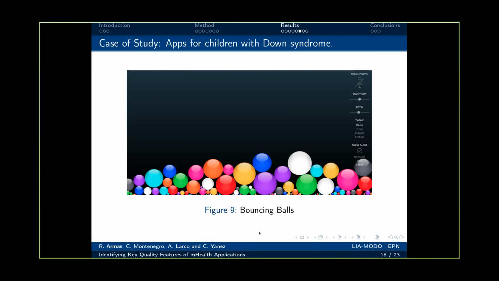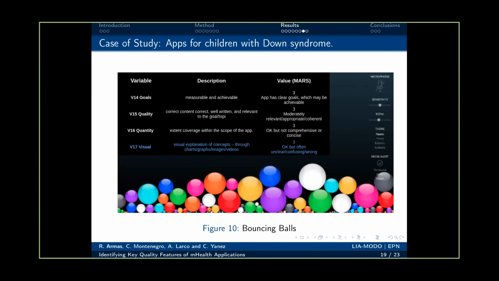So in that case, for example, if you check this application, this is the screenshot of the main interface. And we evaluate this according to the variables related with information. And you can see that, for example, variable 17, that is related with visual, means visual explanation of concepts through charts, graphs, images, and videos.